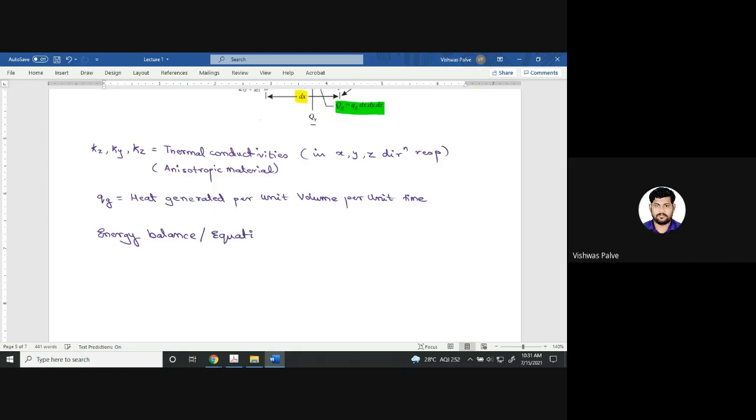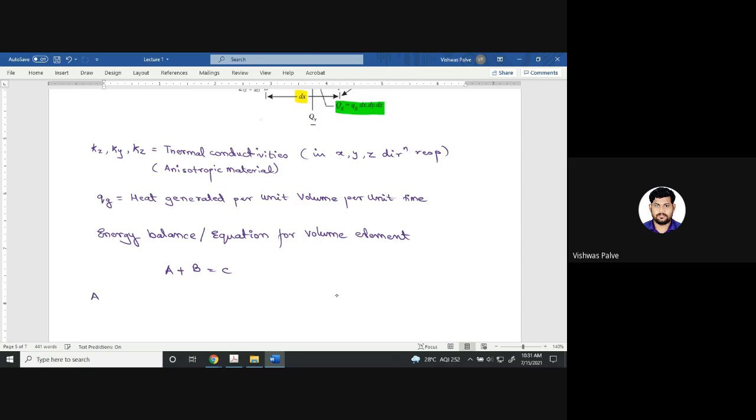Okay. So energy balance equation for a given volume element, in that we can say it is A plus B is equal to C. Now what is the term A, B, C?